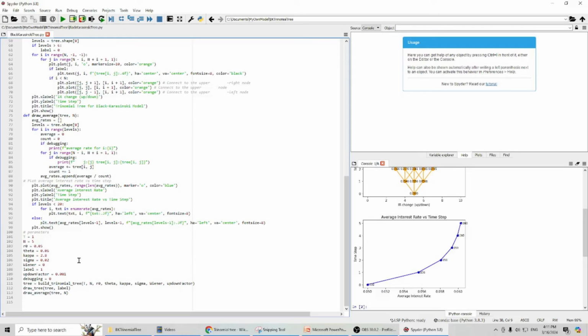Okay, if we change the kappa, for example, we don't put 2.8 here, we put 0.8 here. You can see over time it will change to last value 0.056, not 0.06, because now it's a slower approaching to this final mean reversion level.